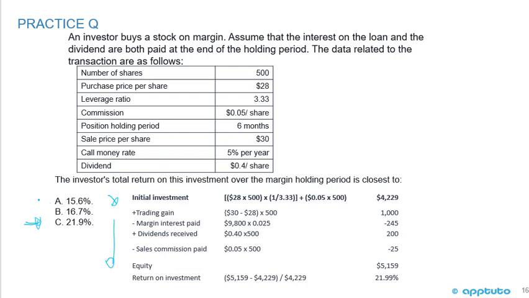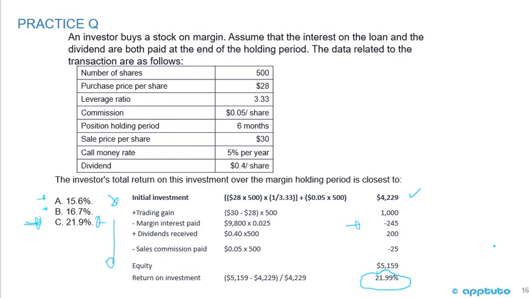So you can see none of the other answers were anywhere close to the 23%, except for C. C was 21.9%. And indeed, that is the correct exact answer. But we see to calculate that the long way, we're going to have to go through quite a few calculations. First of all, we have to get our initial investment, and also we have to calculate the interest that we paid.